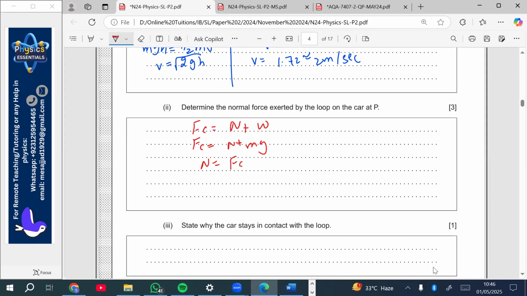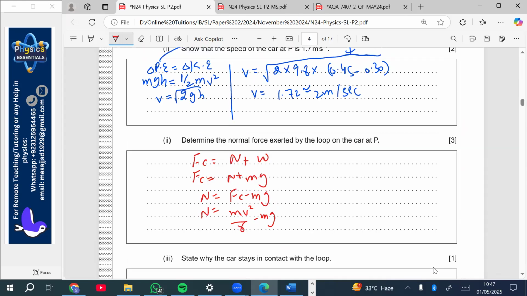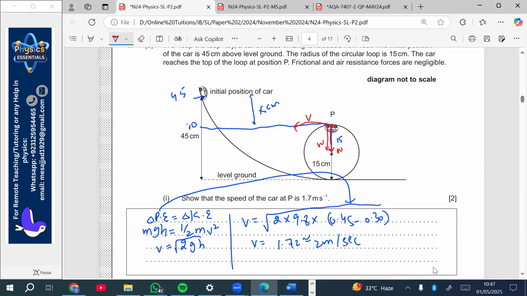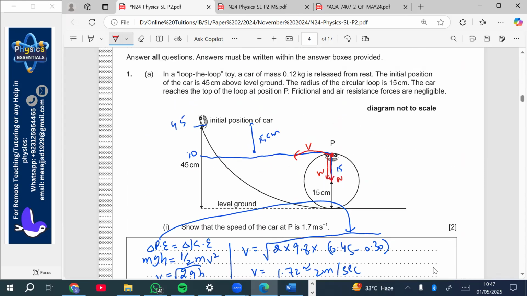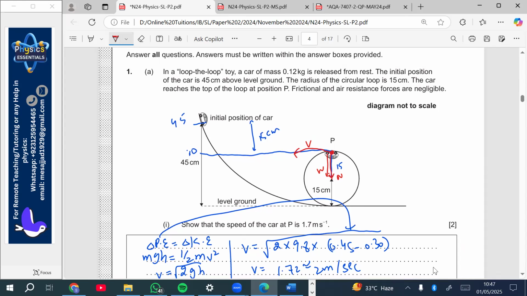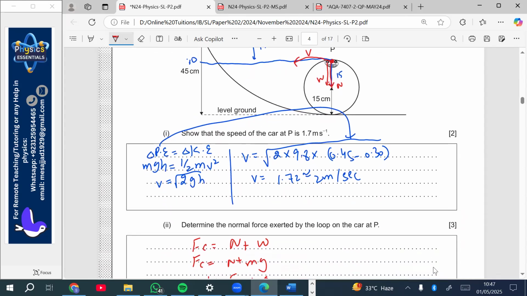So N equals Fc minus mg. Now what is Fc? Fc is mv squared over r, so N equals mv squared over r minus mg. We need to see what the mass is. Mass is 0.12 and the speed of the car at point P is 1.7.